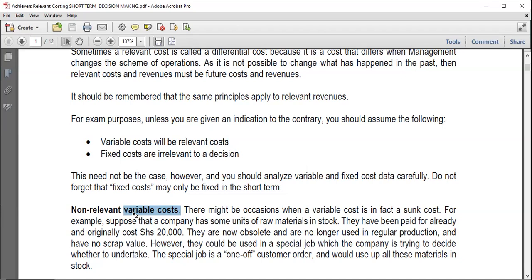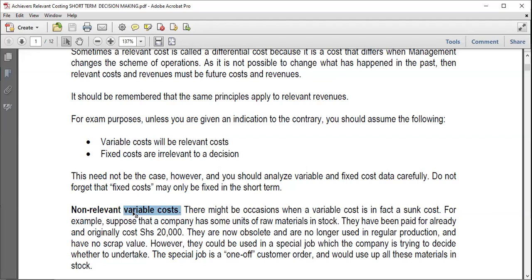And maybe you cannot use these materials for any other use. You get it? Maybe you bought these packing boxes, and you are no longer dealing in those specific sizes of cakes.